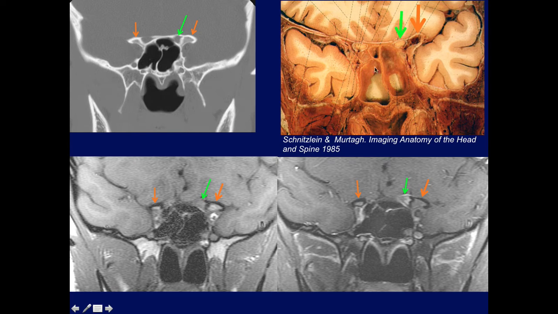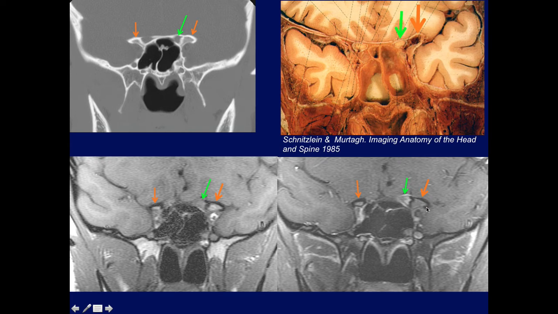And it's all again obvious on the coronal plane, again on this anatomic specimen, clinoid, optic canal. And we can look here on the MR images. Notice, first of all, the enhancement of the left optic nerve here. And the clinoid is also a little bit expanded.